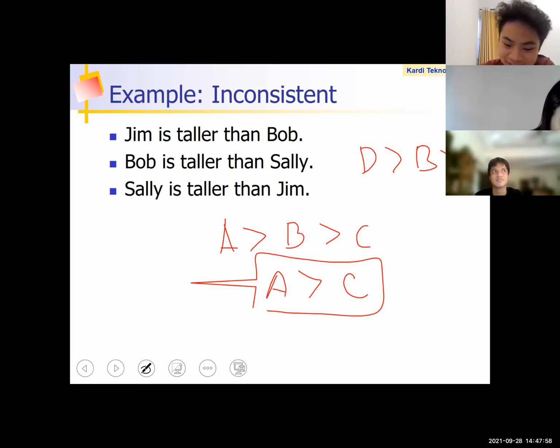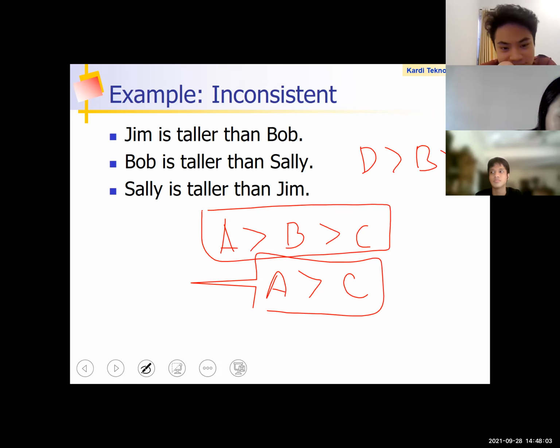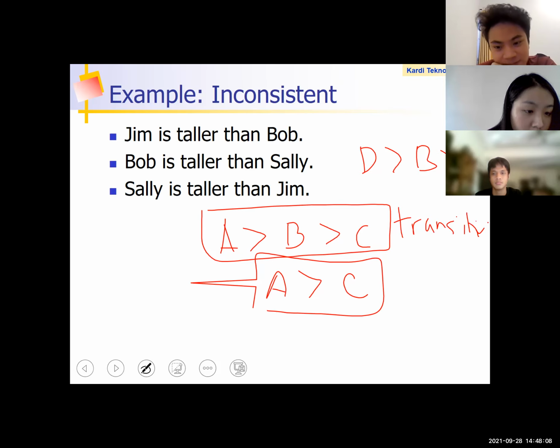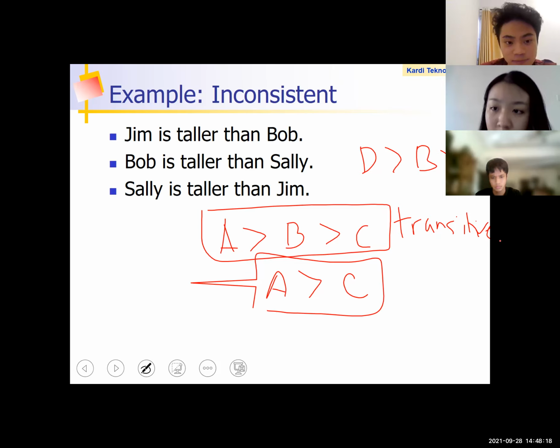This property is called transitive. Even in opinion or preference, logically, we should always make it transitive. But in human nature, we are not always transitive, especially if the chain is very long.